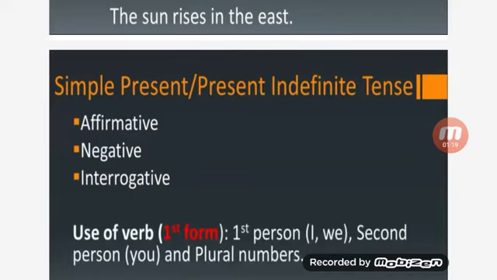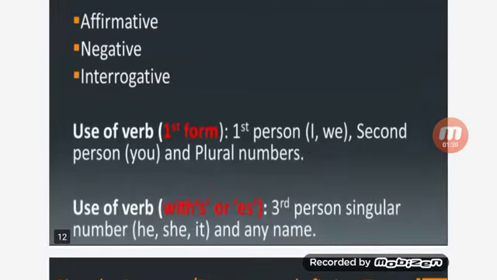So here, simple present or present indefinite tense has affirmative, negative, and interrogative sentences. Use verb first form with first person, for example I, we, second person you, and plural numbers. Always use first form with I, we, you, and plural numbers.